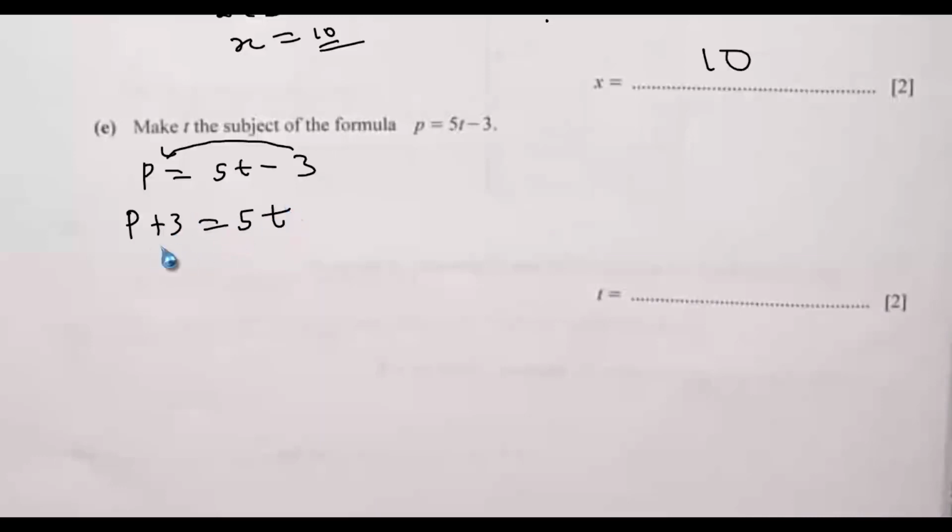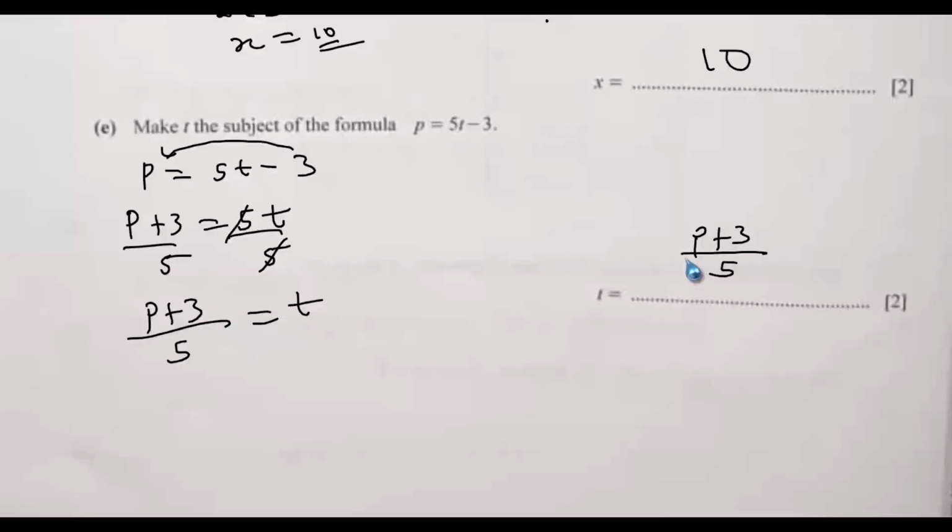Then I need to divide both sides by 5. When I do so, 5 cancels 5 here. So I have p plus 3 over 5 equals t. That means t equals p add 3 over 5. So that will be the subject of the formula there.